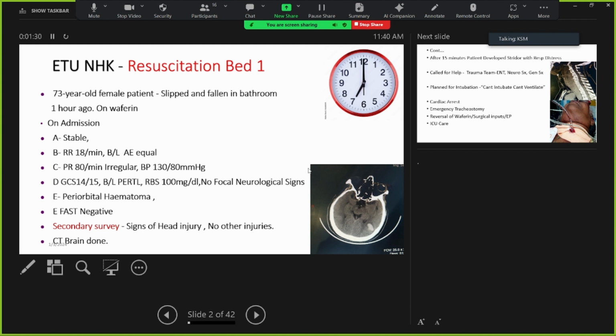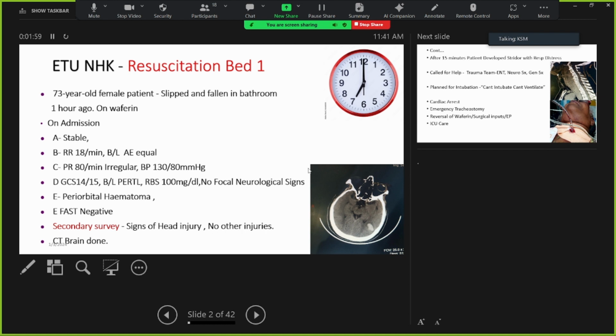On admission, apart from a GCS of 14 and a periorbital hematoma, the patient was stable. The FAST was done, and there was nothing much significant, and the secondary survey was again, apart from the signs of head injury, unremarkable. So we were thinking we need a CT brain, so we ordered a CT brain.